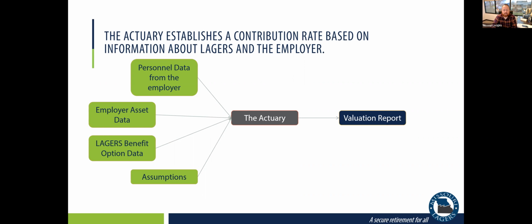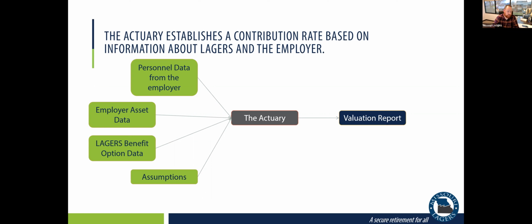In other words, have you had any turnover, salaries, head count, all those sorts of things. Okay, employer asset data. So how much have your assets grown through your contributions and things of that nature are all going to play an impact when we're calculating out the valuation.